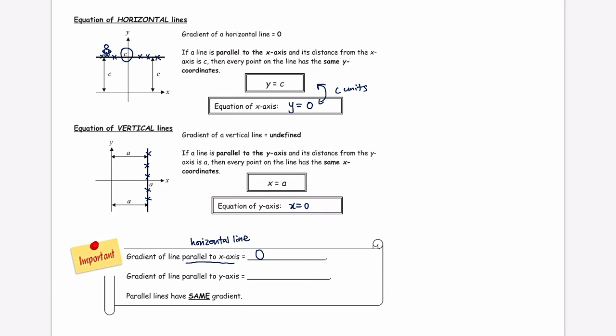However, the discussion for a vertical line would be a little bit more complex and probably is a subject of another video. It's not something I can just explain in 1-2 minutes. So we are just going to say that the gradient of the line parallel to the y-axis, which is basically the vertical line, just write vertical here, is actually undefined.